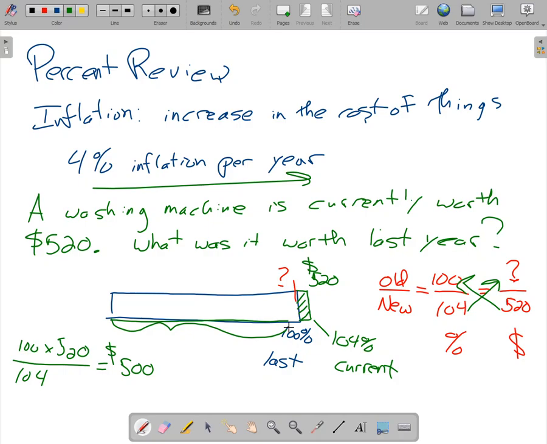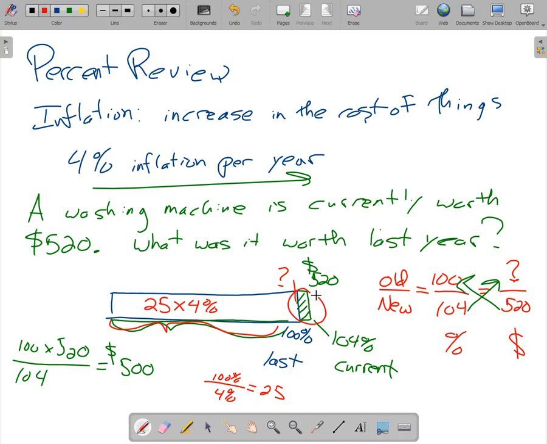So if I take that 100% and divide it into 4% chunks, then I'm going to get 25 pieces. So this 100% is 25 groups of 4%.